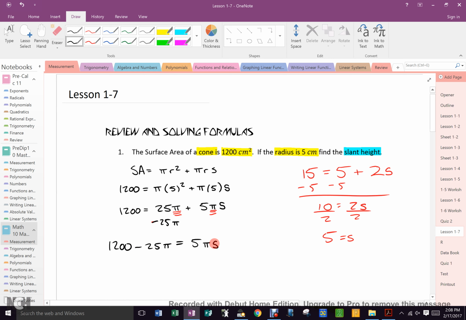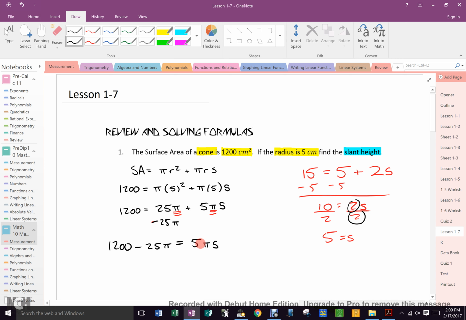Everybody cool? Now, when I was left with something that looked like that over here, I divided by the coefficient, didn't I? And that got rid of the 2, because I saw 2 times s. But in algebra, you do the opposite of what you see. If you see multiply, you do division, yes? Same thing over here, even though it looks different. You follow the same rules.